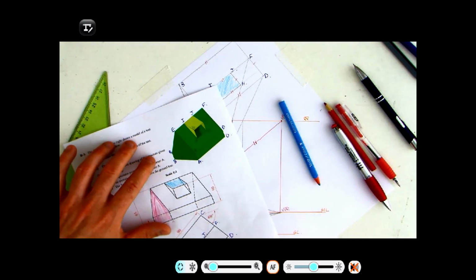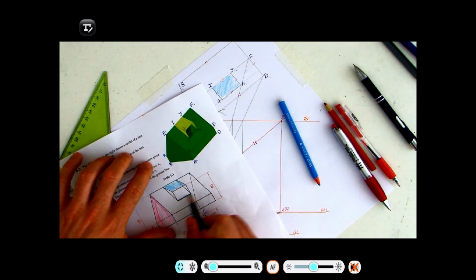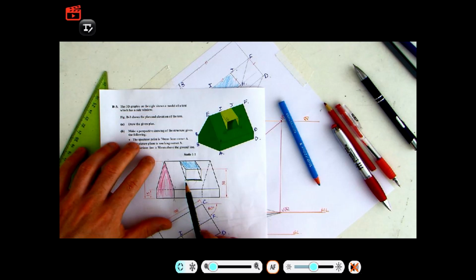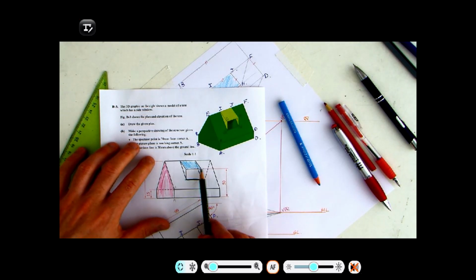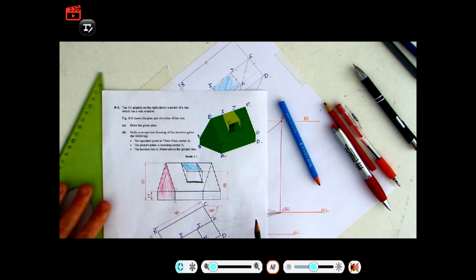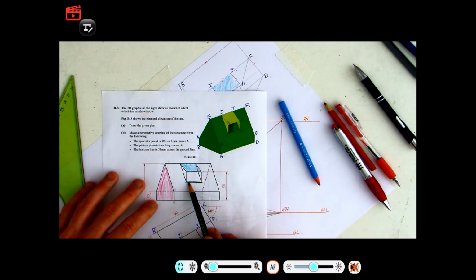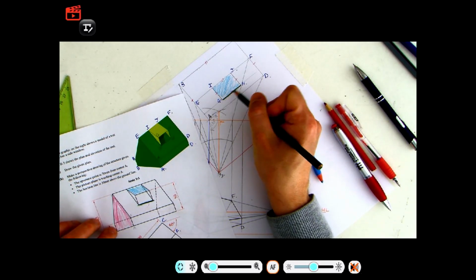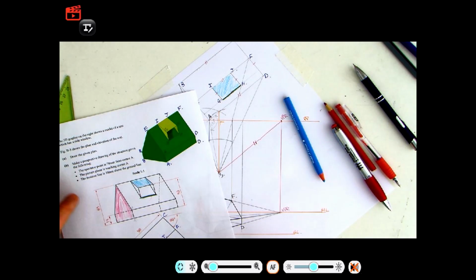I'm going to colour in green just to identify it. We don't know what height that is. We know the top height of this window is 50, so we can find that pretty easily. But the bottom height we don't know. So that green line there, I'm just going to draw here because it's the bottom height of G and H, which we don't know. So I'm going to find the top height first.